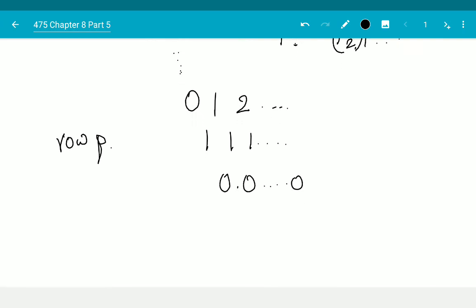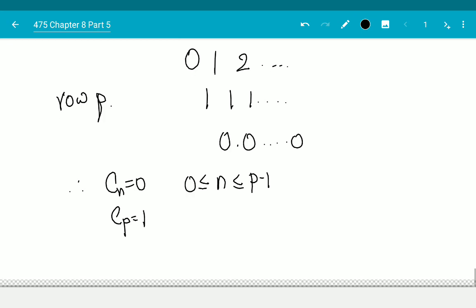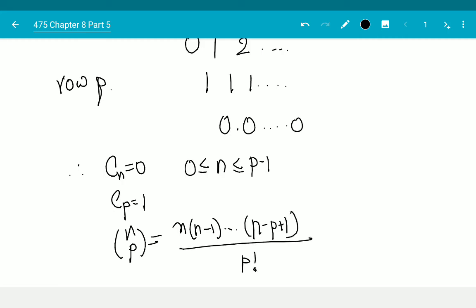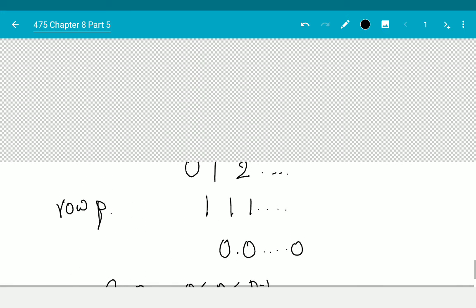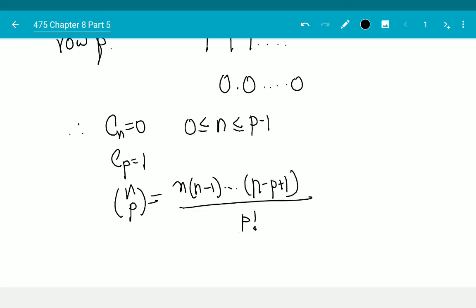Therefore, C_n is equal to 0 when 0 is smaller than or equal to n, smaller than or equal to p minus 1. C_p is equal to 1. And since n choose p is a polynomial, n times n minus 1 times up to n minus p plus 1, all over p factorial. Now, p factorial is what is canceling out here, and I'm getting these numbers, right? But p factorial is a constant.